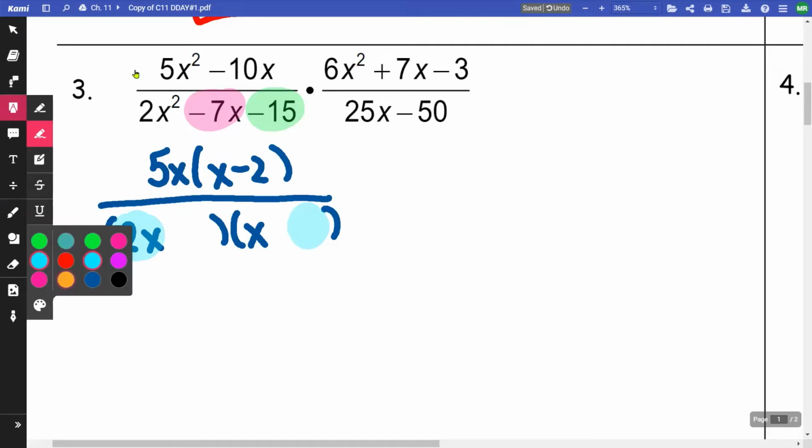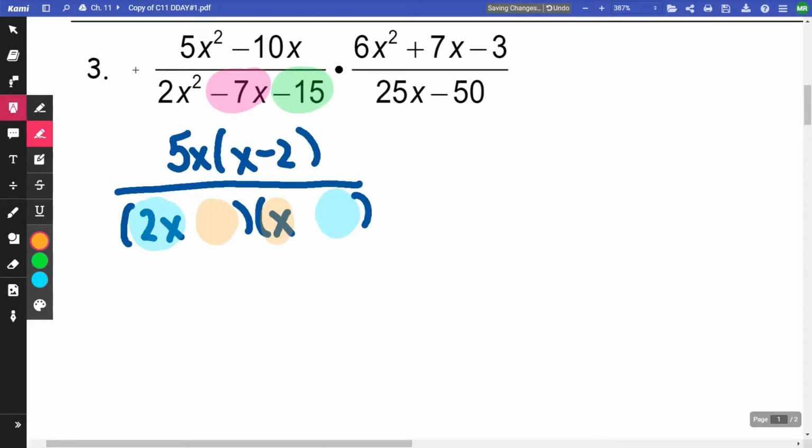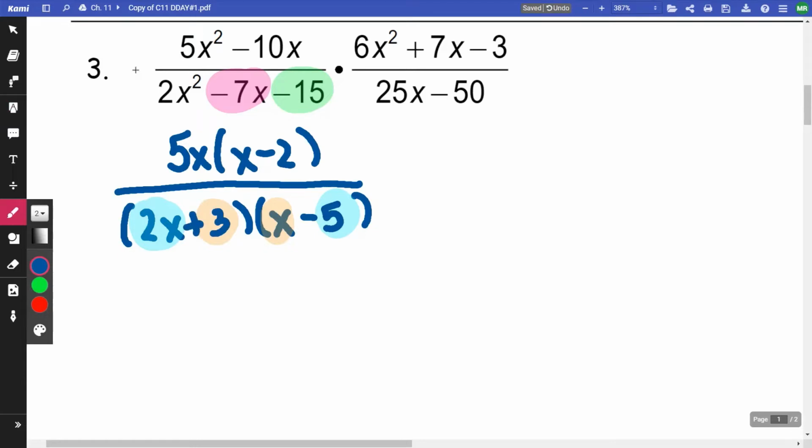And whatever goes here is going to be multiplying with x. Okay. And I'm trying to multiply and get a negative 15, and then try to get a negative 7. So looking at this, I am thinking that I want a negative 5 here because that's going to multiply and give me a negative 10x, and then add 3.